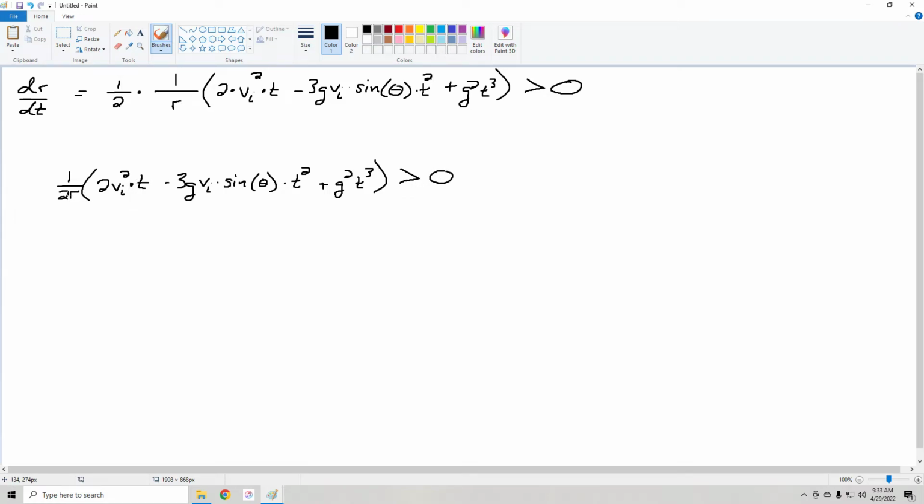What's cool is I can multiply both sides by 2r, and 0 times 2r is just 0. So that's pretty sweet. So 2 v initial squared times t minus 3g v initial times sine theta multiplied by t squared plus g squared t to the third is greater than 0. So that's what we have.